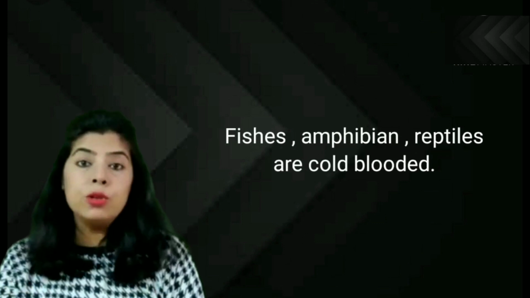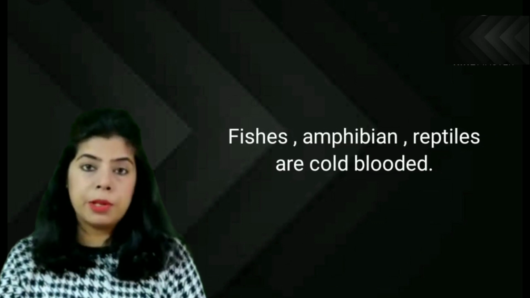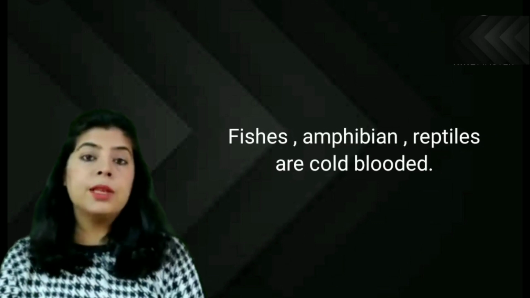Now, why does this help? If you see the fishes and amphibians, they are cold-blooded, that is, they don't need to maintain a constant body temperature. Even in the case of reptiles, they do not need to maintain a constant body temperature. Because of this mixing of the blood, a lot of energy is used up. Since they do not require more energy in maintaining a constant temperature, they can afford this mixing of blood in the heart.